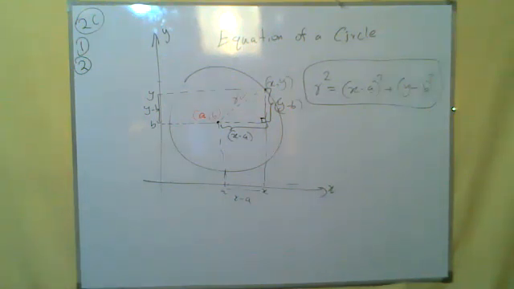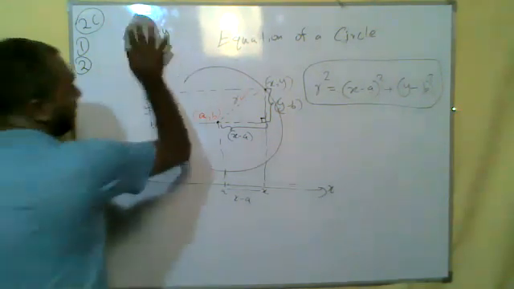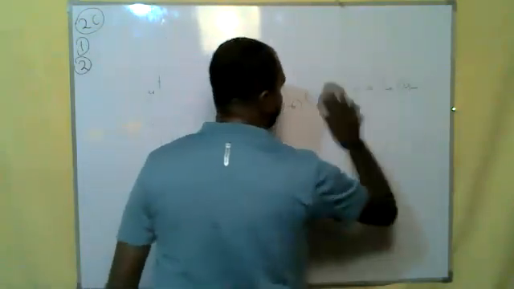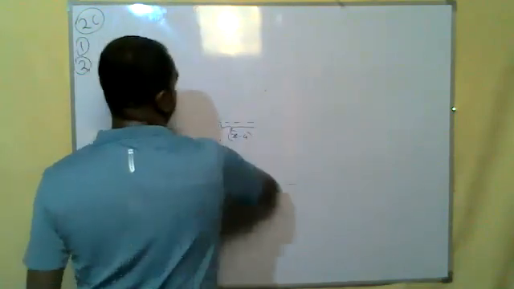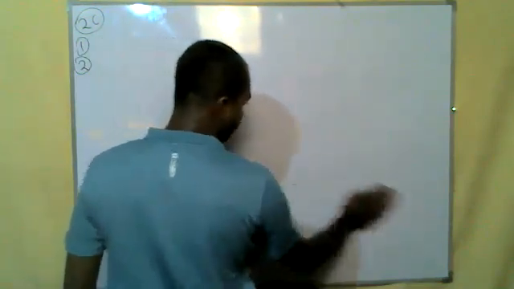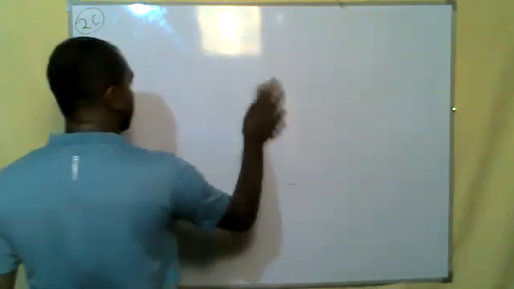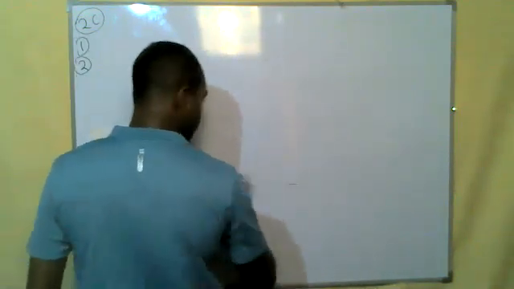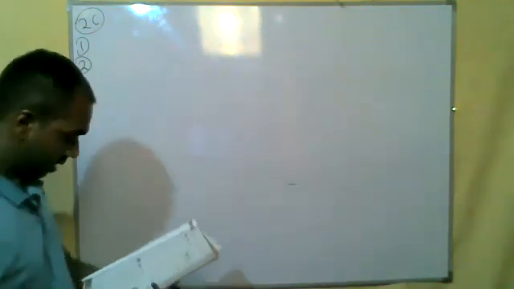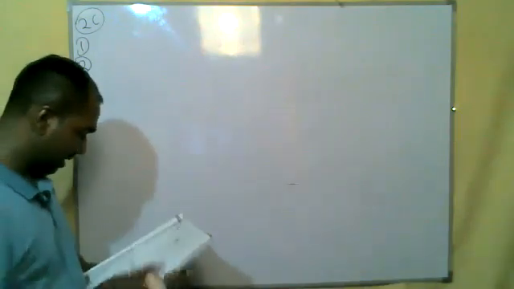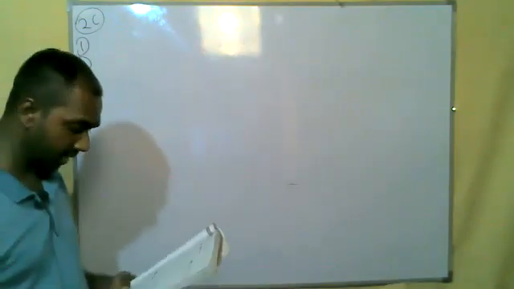Okay, so I will start question number 1 of exercise 2C. They are given as the radius and the center, so we have to write the equation.